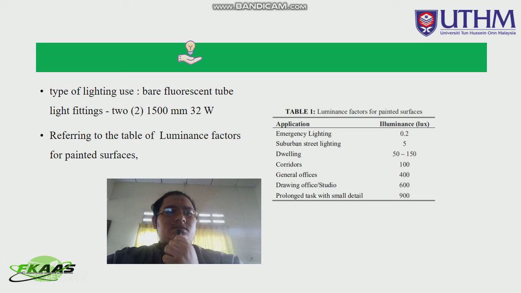So we assume that this building has a high maintenance factor, so we are going to use 0.9. As the height of the building is 10 meters, we are going to use 9 meters for the height of the fitting above the working plane.